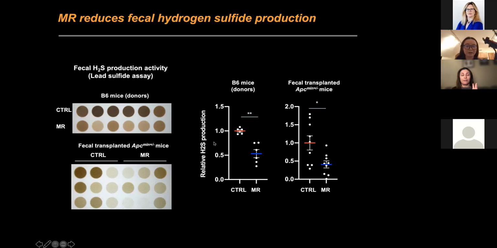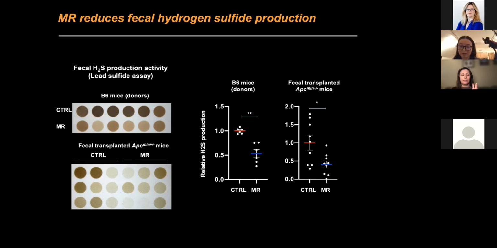The only defect we saw is in fecal hydrogen sulfide production activity. As you can see here, dietary methionine restriction significantly reduces the fecal hydrogen sulfide production activity of the gut microbiota in the donor mice, and this reduction was preserved after about 3 weeks of transplantation into recipient mice. We suspected that hydrogen sulfide might have something to do with T cell activation.